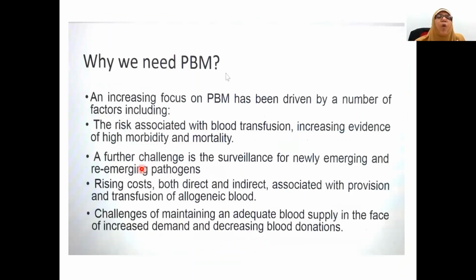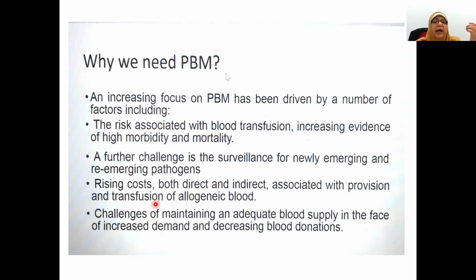All right. So why do we need PBM? We need PBM because our donor pool is not increasing. As much as we are recruiting donors in, there are also many who are leaving the donor pool. Why? Because of age, because of diseases. And of course, because of the direct or indirect cost related to transfusion.